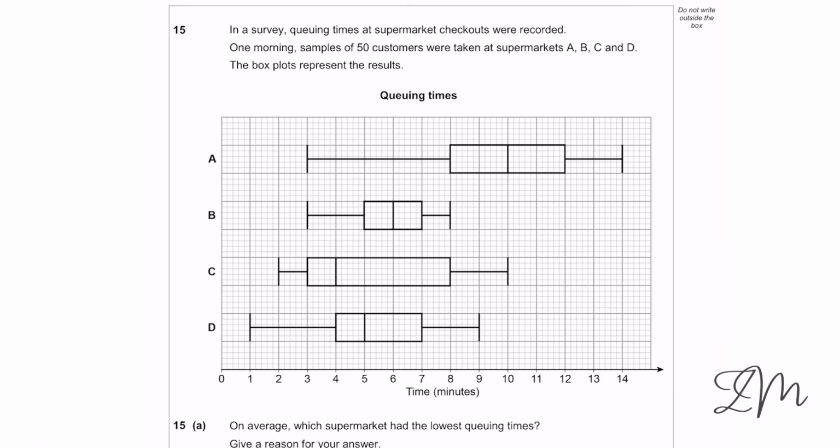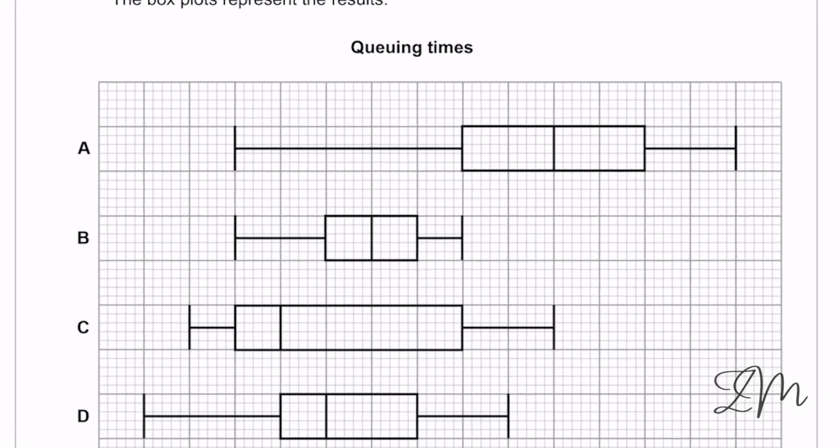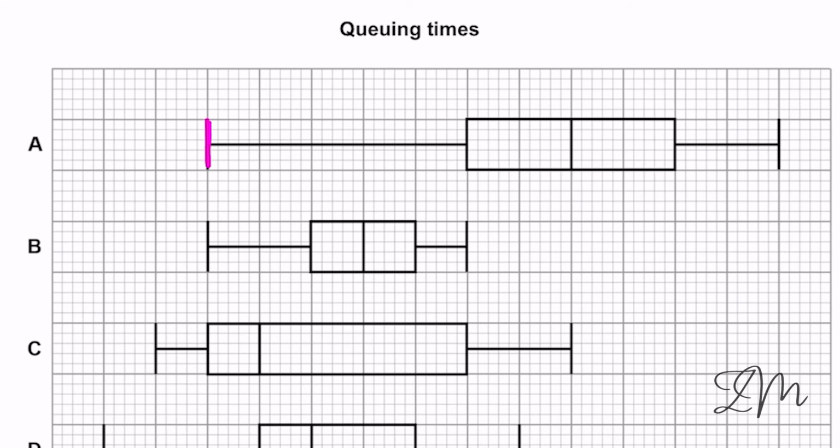In a survey, queuing times at supermarkets are recorded. We've got samples of 50 customers at A, B, C and D. On average, which is the lowest? Okay, so let's think of a box plot in general. This line here represents your lowest value. This represents your highest value.